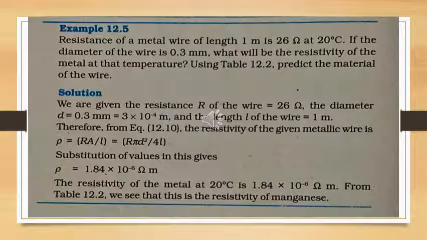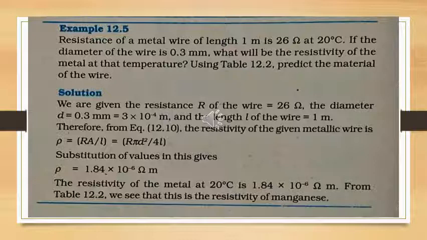And therefore, from the equations we have studied for the resistivity of the given metallic wire, rho equals R A upon L. Now here area is equal to pi r square. But what is radius? Radius is half of the diameter, that is d by 2. So r square equals d square upon 4.